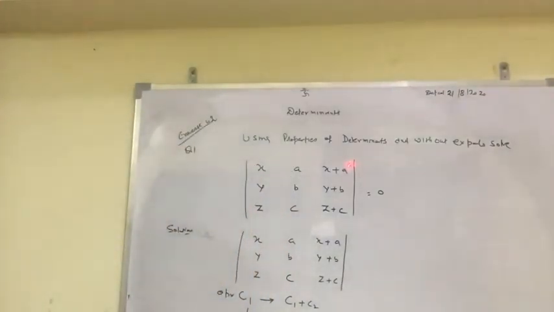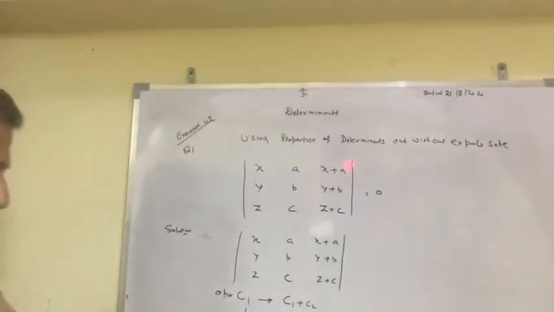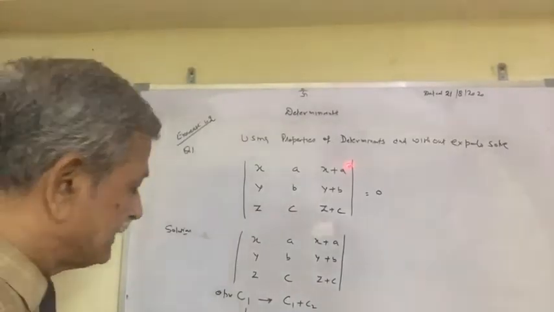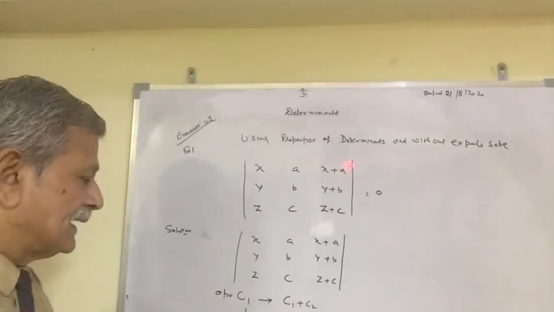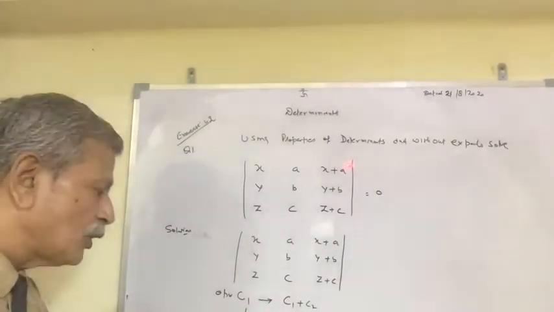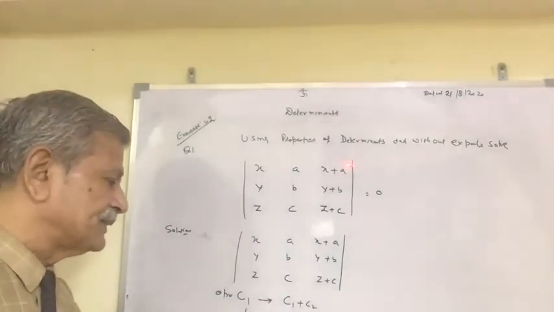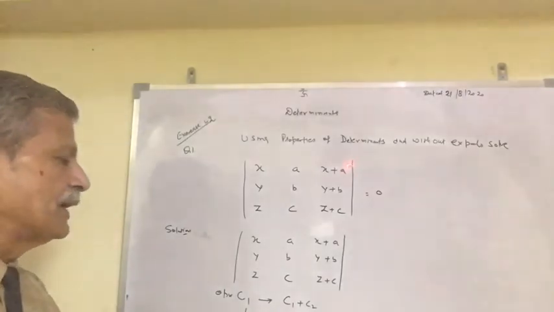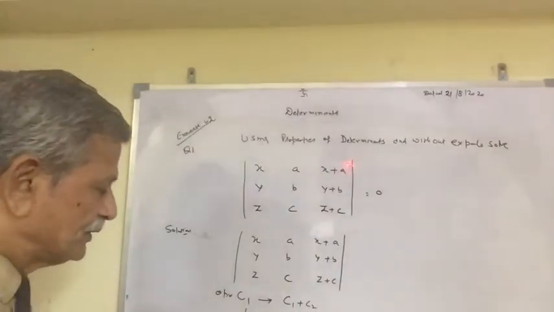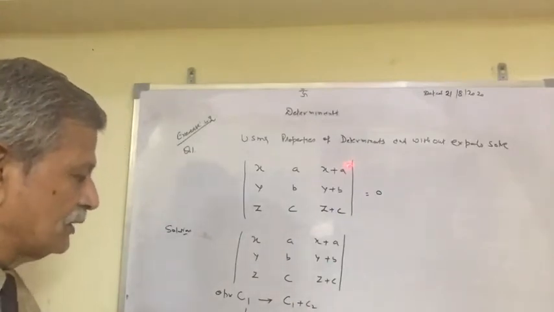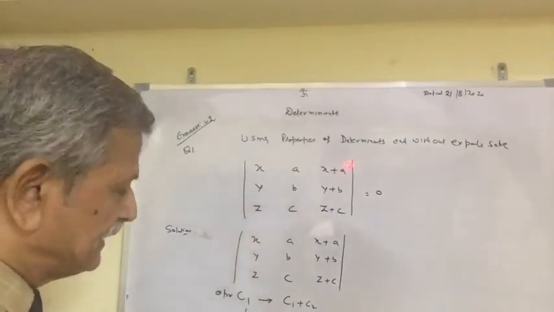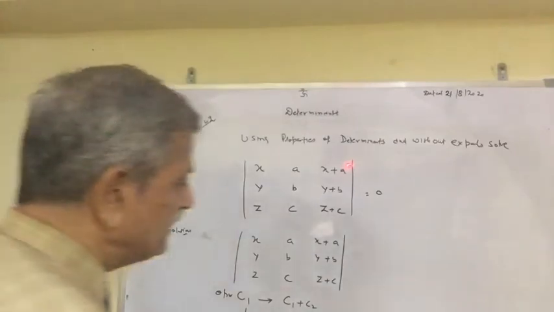But as per the rule, as you know very well, when I taught you the rules of determinants, I'll give you one rule: if two of the columns of a determinant are the same, the value of the determinant will be 0. So you know that the C1 column and C3 column are the same, hence the value of the determinant is 0.